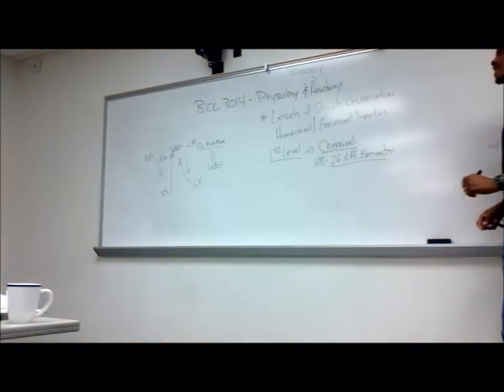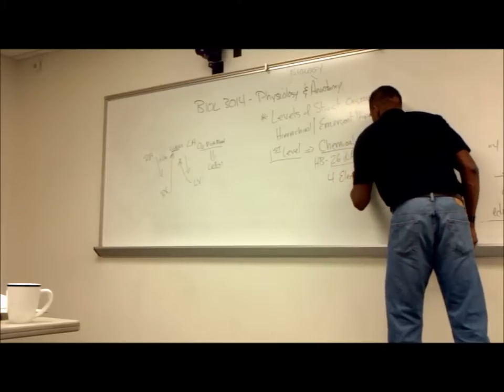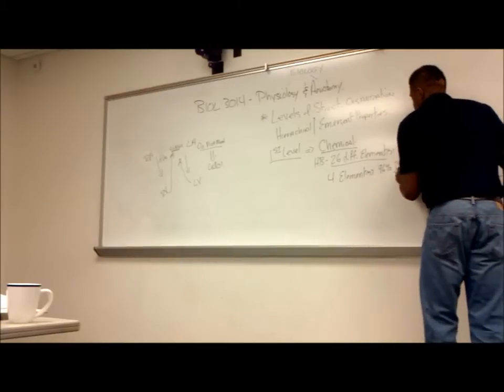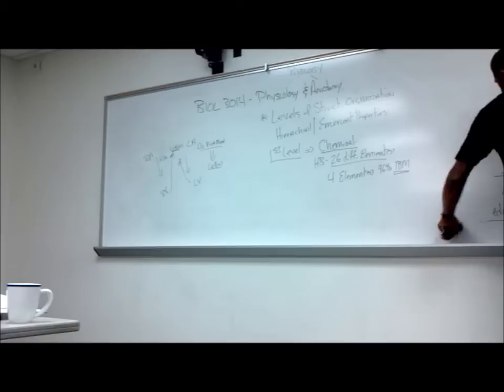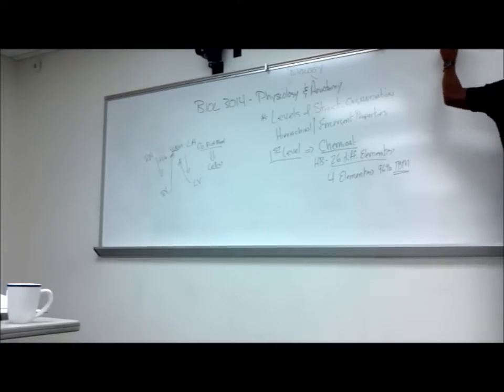Of these 26, 4 different elements make up 96% of the total body mass. 4 elements make up 96% of the total body mass, TBM. So of the 26, 4 make up roughly 96% of the total mass of our body. And as we take a look at these 4 key elements associated with the structures of the human body, there are 4 key elements.